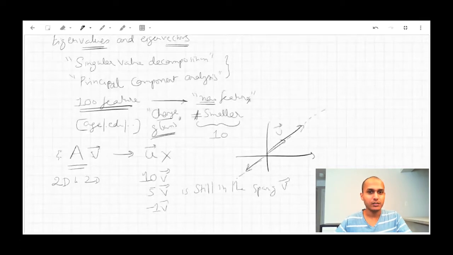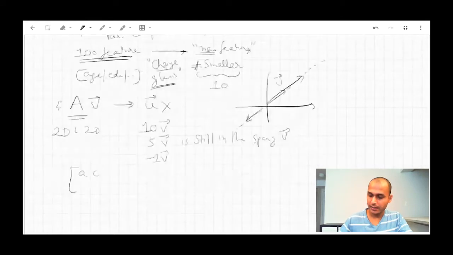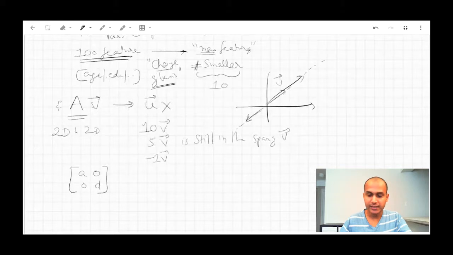So let me quickly give an example. Let's say A is the matrix with a, 0, 0, d. Is there a vector for which this will give back a vector which is in the span of the original vector?